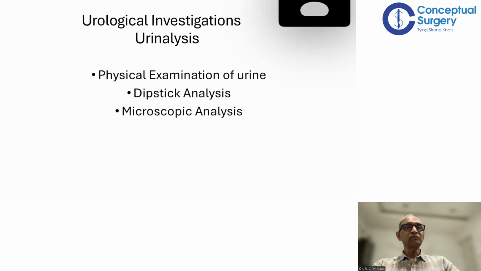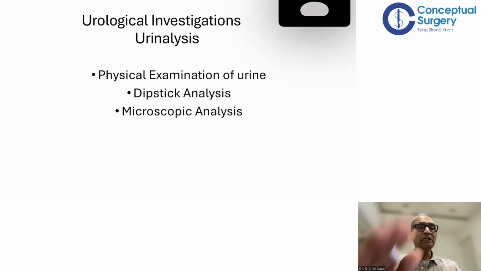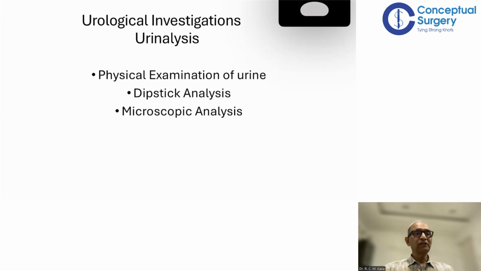So let us start with urinalysis. There are three components to this. One is the physical examination of urine, which we often neglect because in the wards, nobody really looks at what sample the patient has given. As I'll show you, the physical examination itself gives you a lot of detail.